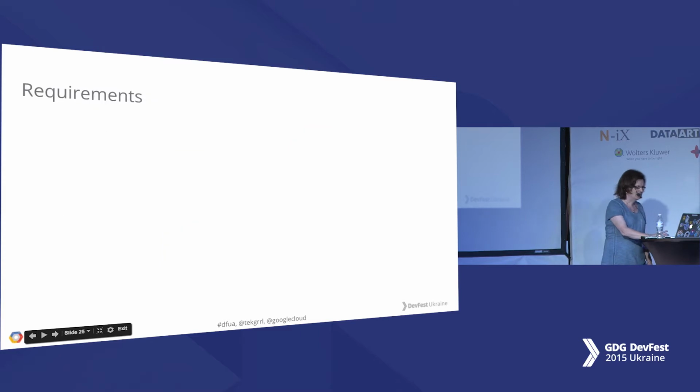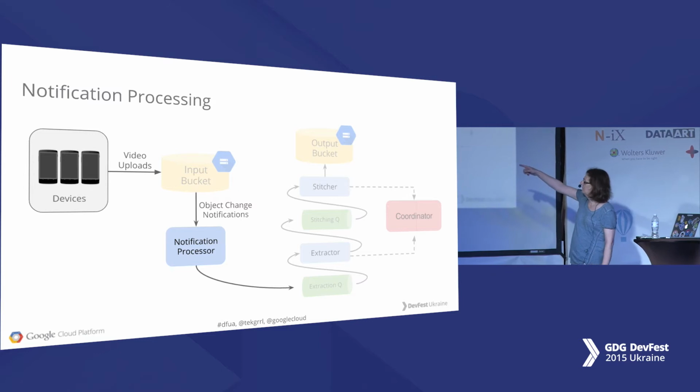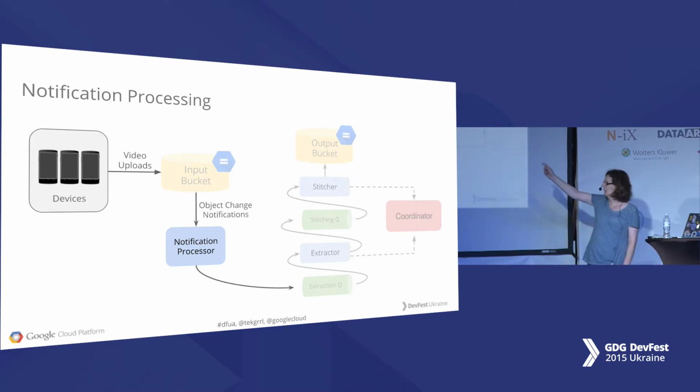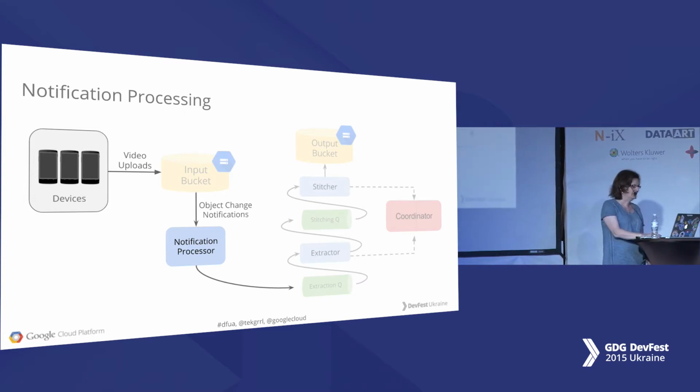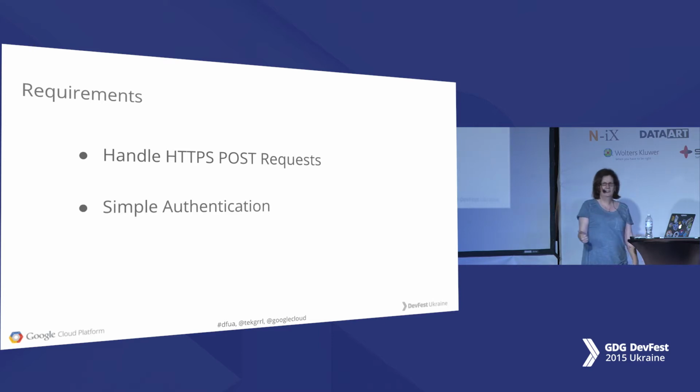Right, so next one is notification processing. The input bucket will fire off an object notification every time a new object is stored, a new video is stored in this case, and that will go to the notification processor. What does that do? We need it to be able to handle HTTPS POST requests, effectively webhooks. We also need simple authentication.